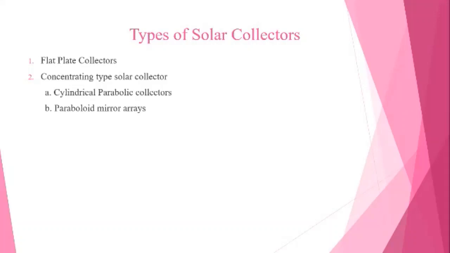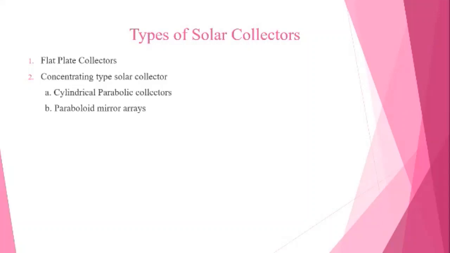So we can take an overlook of the flat plate collectors. Firstly, flat plate collectors. These collectors are used for low temperature applications in the range from ambient temperature up to 100 degrees Celsius.